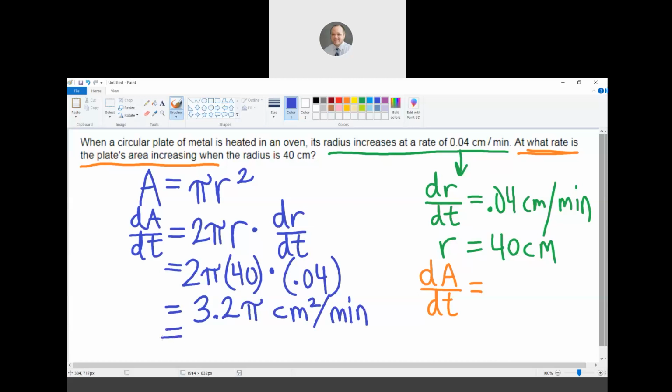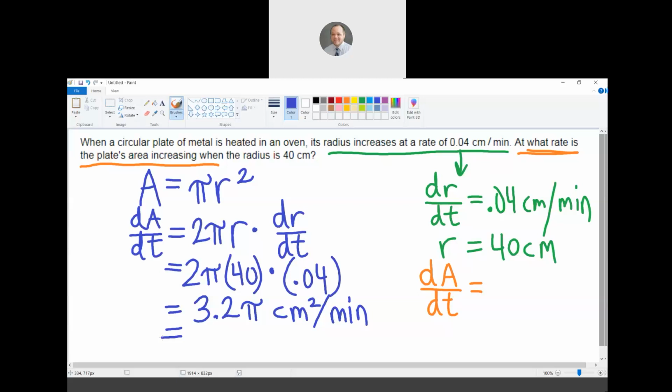Now, if MyMathLab asks you to give an exact answer in terms of pi, then this would be the final answer. But if MyMathLab asks you to round your answer to a specific place value, let's say to the hundredths place, then on your calculator, you would hit your pi button.